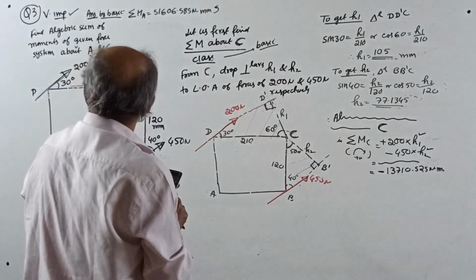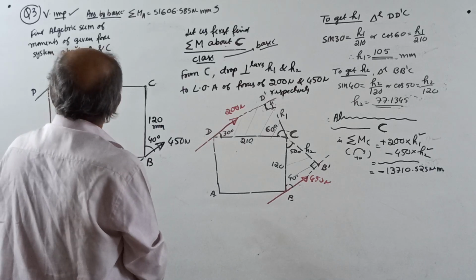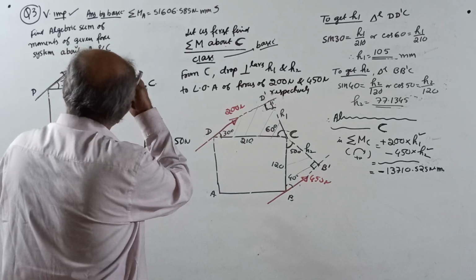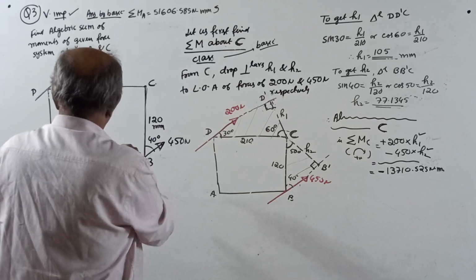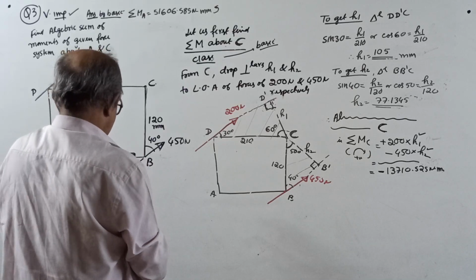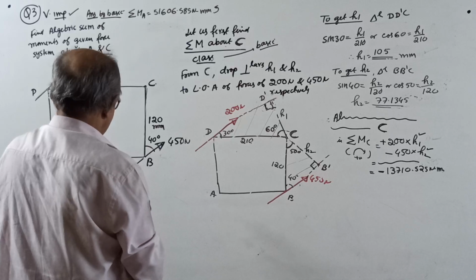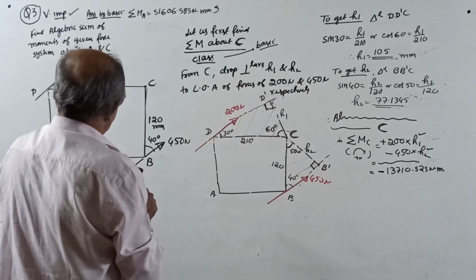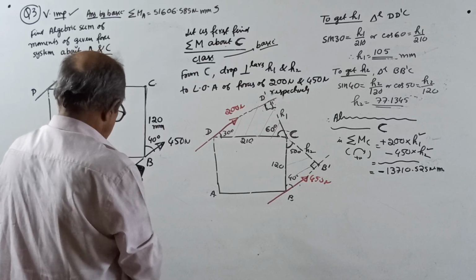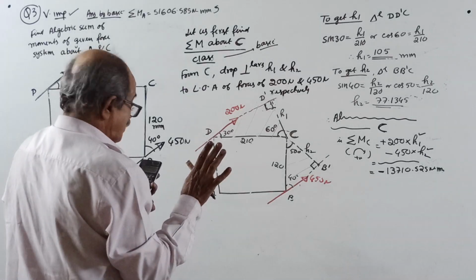Some other answer is coming. 200 sin 30 is 100. Oh, it is 100 actually. 100 into how much? 210. 100 into 210 minus 450 into, you don't bother about these things, into sin 40. You don't worry about sin cos all.